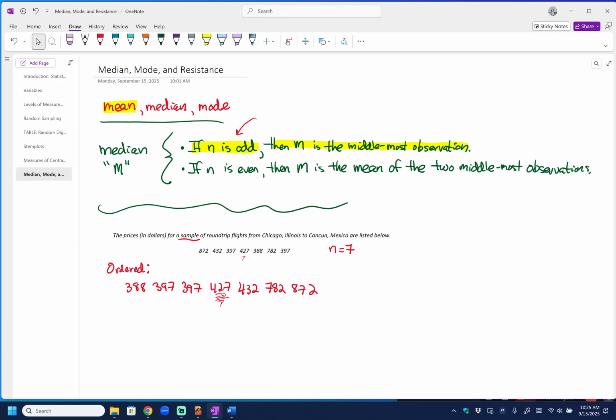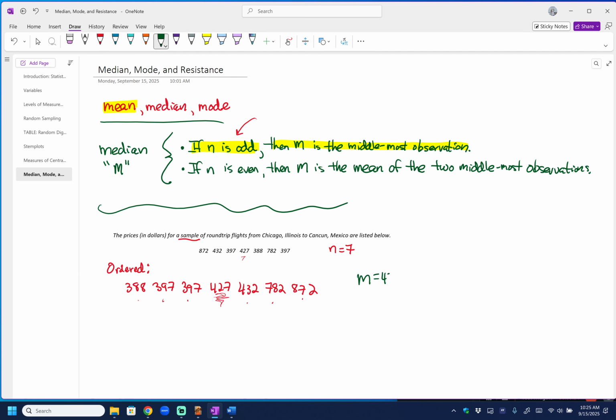It turns out that it's very easy to locate the middlemost data entry in a small data set just by the symmetry of the problem, because you can work your way in from the outside: 872, 388, they match up. 397, 782, they match up. 397, 432, they match up. The only one left is 427. So clearly our median is going to be 427.